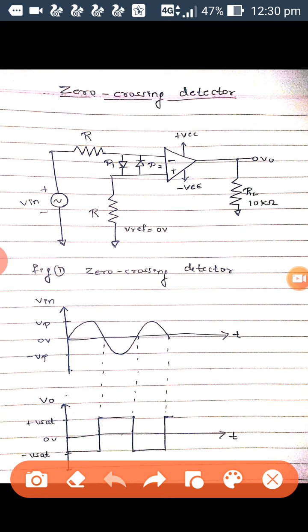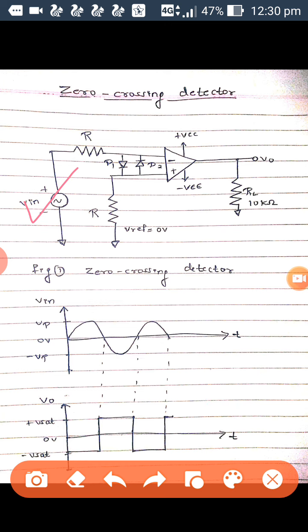Whenever this input voltage changes its level from one particular level to the other, the output will be shifting from one saturation level to the other saturation level. This is the operation, but it will depend on the particular terminals where we have applied the V reference and the input voltage V in.